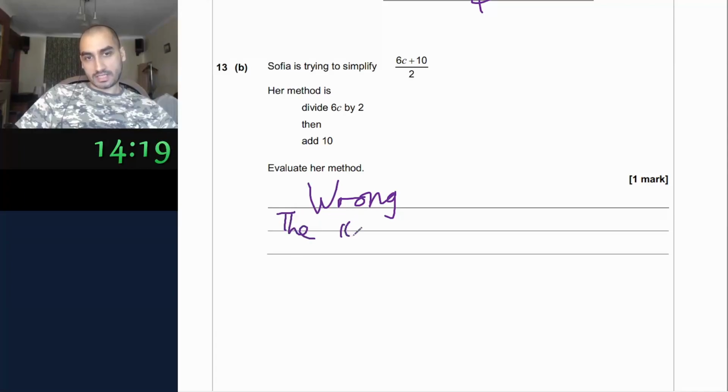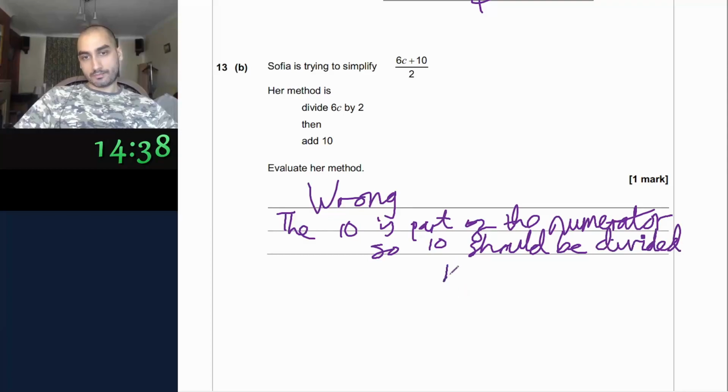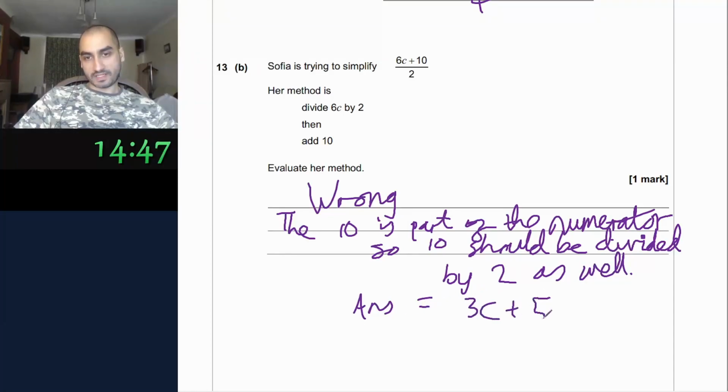The 10 is part of the numerator, so 10 should be divided by 2 as well. Answer equals 3c plus 5.